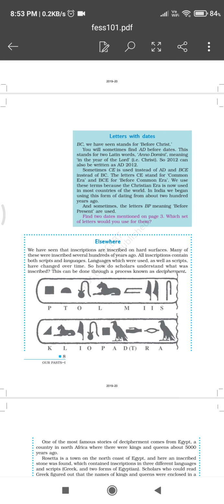BCE means before Common Era. So these are abbreviations which are used with your dates. Sometimes the letters BP are also used. BP is before present.